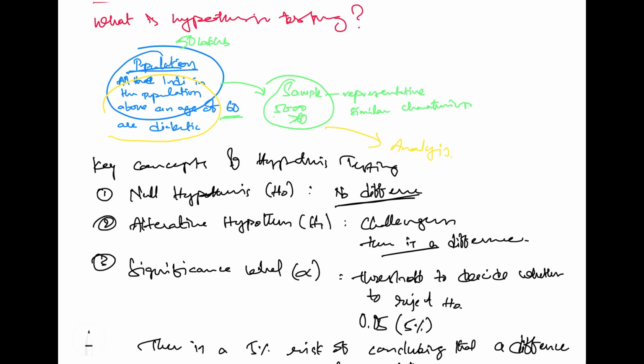I hope it is clear. Basically the result should have been that there is no difference in the diabetic condition of people above 60, but we are saying that there is a difference in the diabetic condition of people above 60.